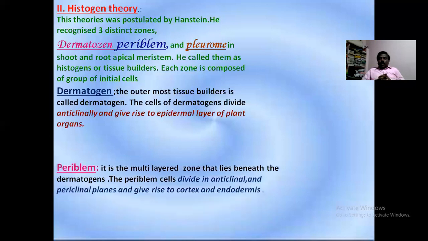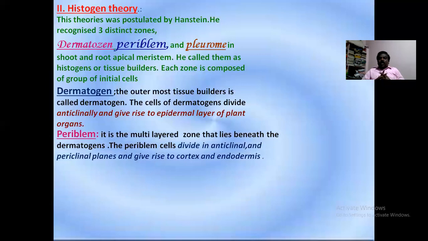Next one, periblem. It is a multi-layer zone that lies beneath the dermatogen, beneath the epidermal layer. The periblem cells divide in anticlinal and periclinal planes and give rise to the cortex and endodermis.